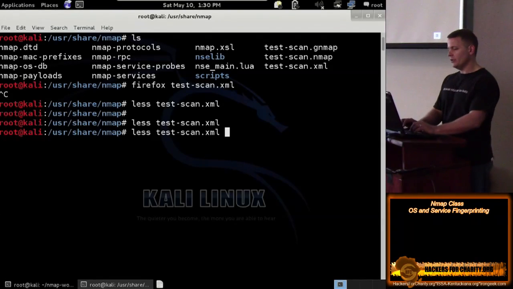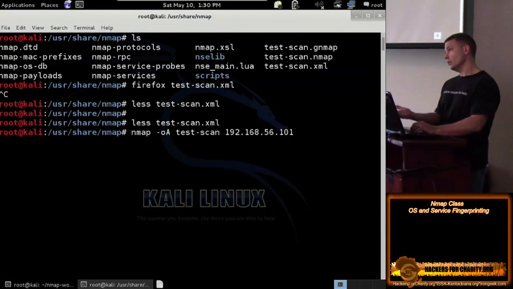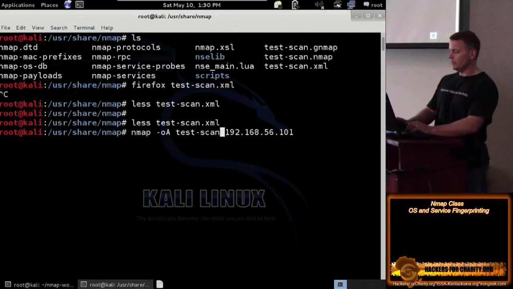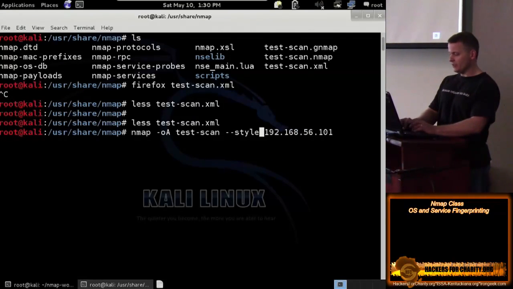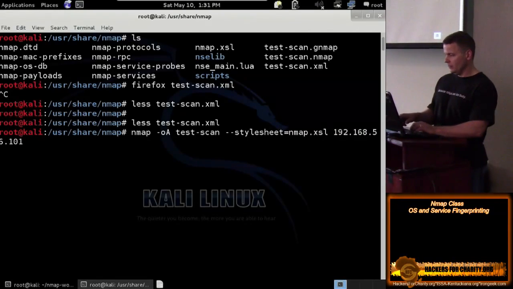So one of the things that you can do when you run the scan in the first place is specify, relatively speaking, where you want to refer to that XSL file, and what the name of it is going to be. And you can do that with the --stylesheet option. And we can just say nmap.xsl. That's the default name that it would be anyway.